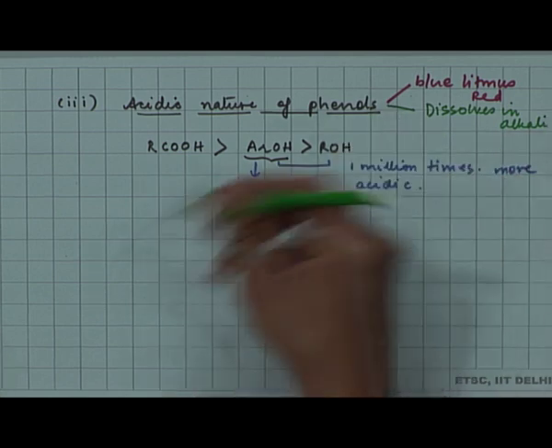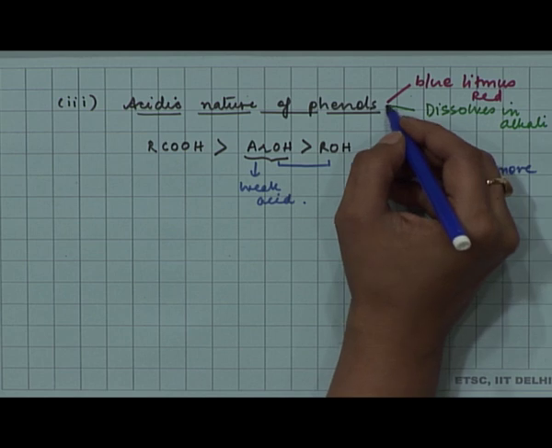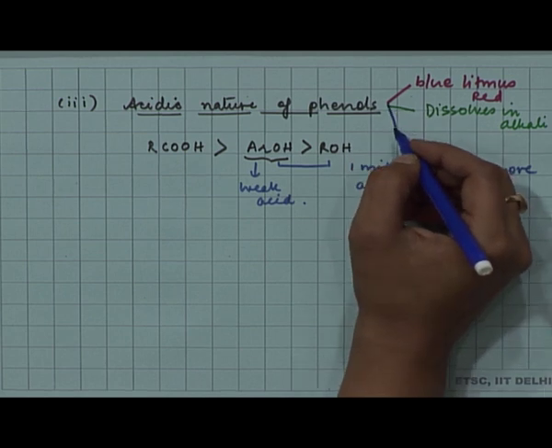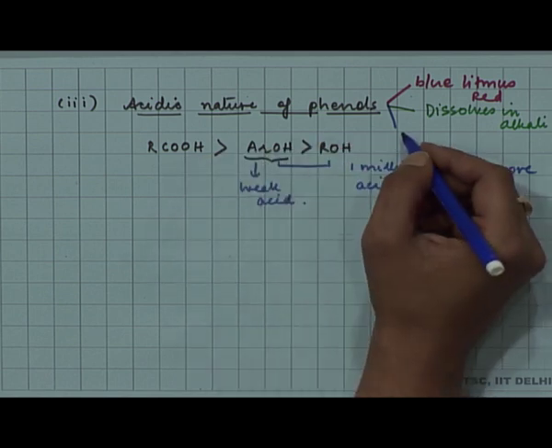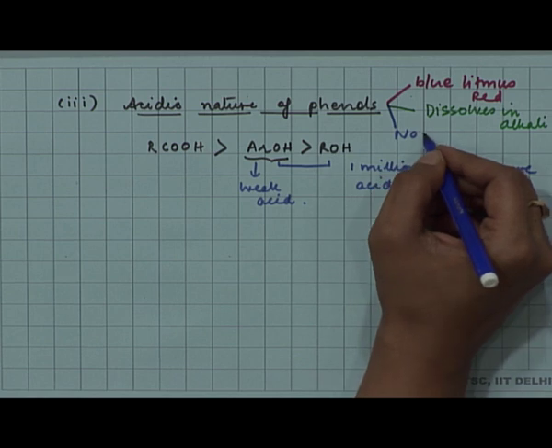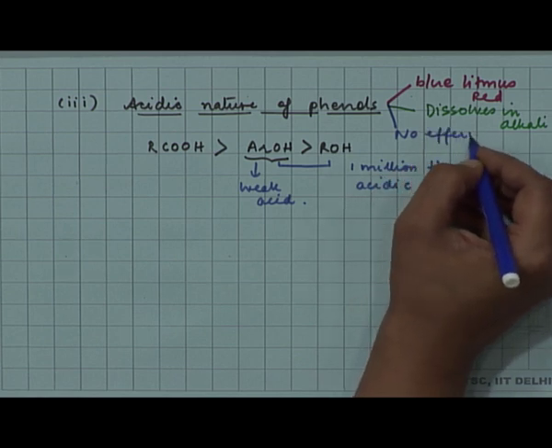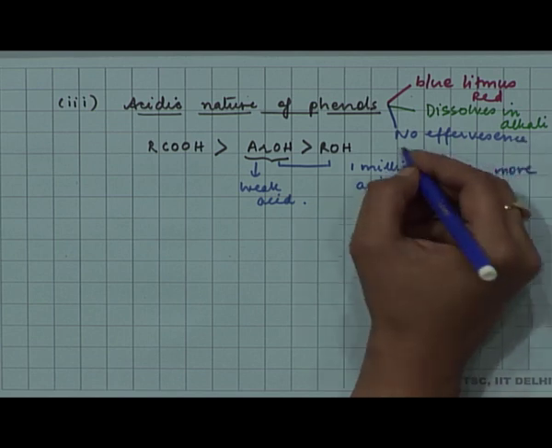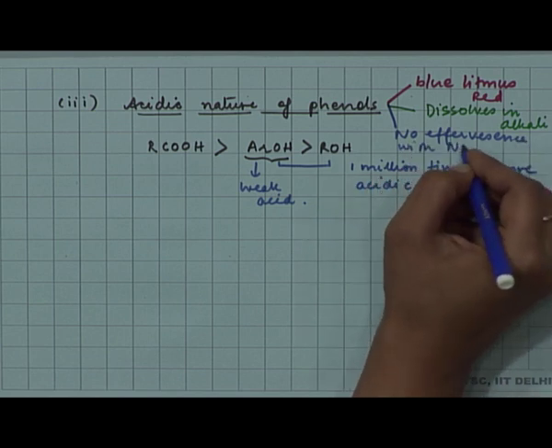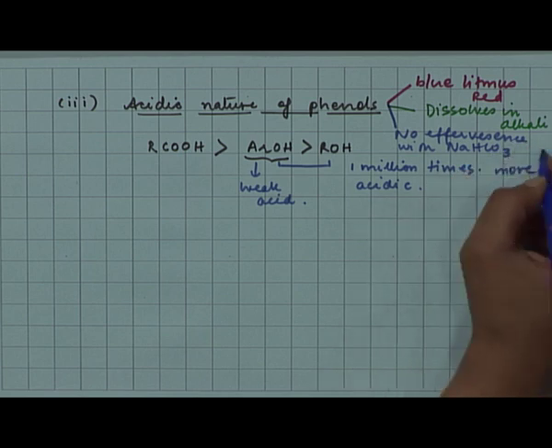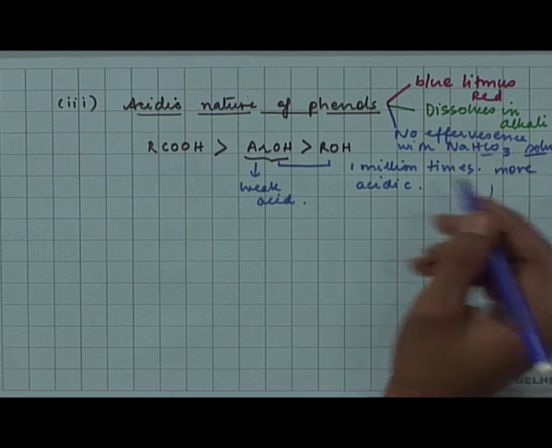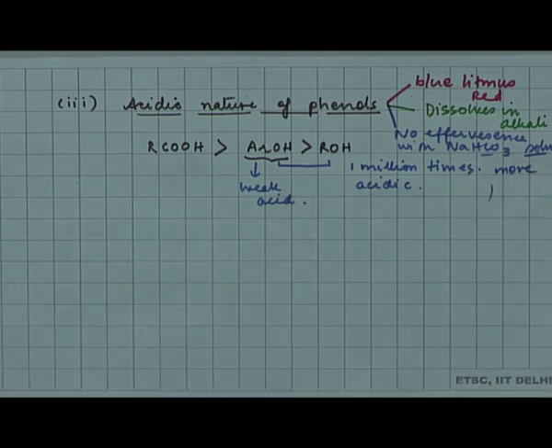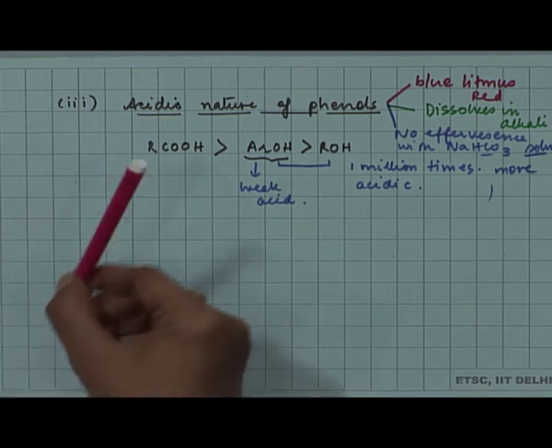The other thing, which is similar to an alcohol but different from a carboxylic acid, is that it does not give effervescence with sodium bicarbonate solution. It is not acidic enough to release carbon dioxide on treatment with sodium bicarbonate.